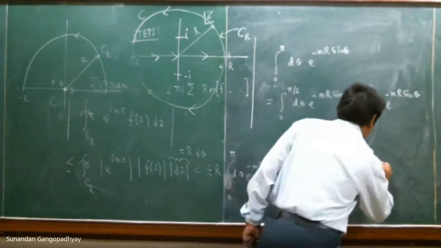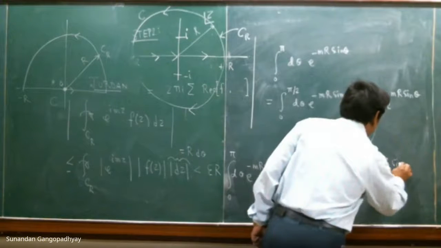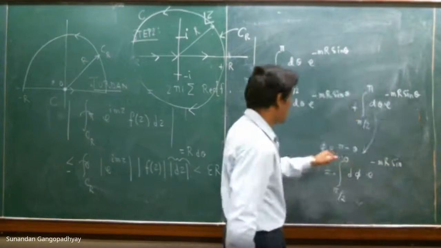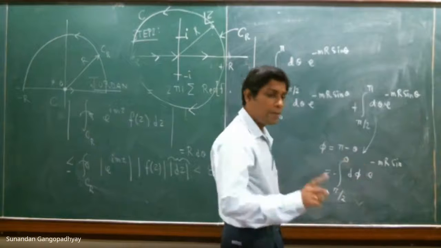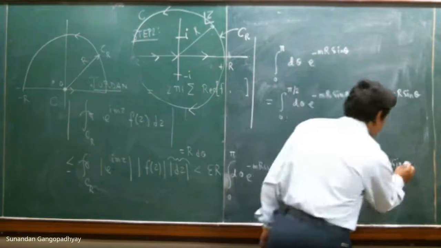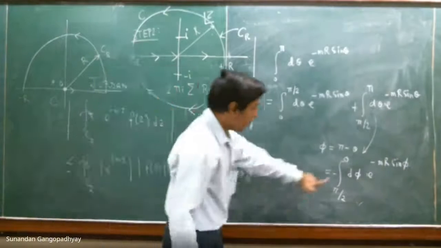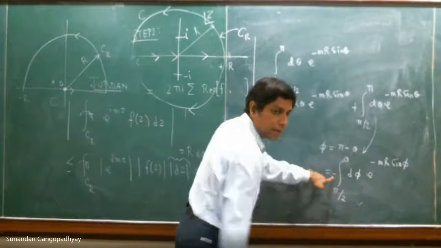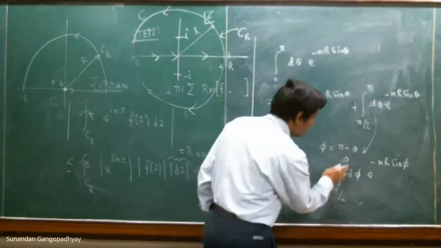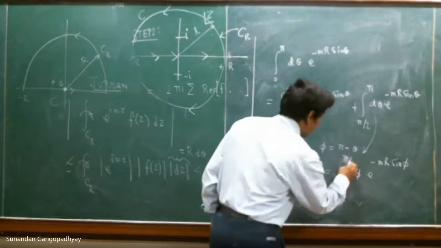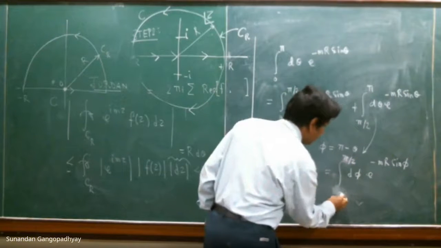E to the power of minus m r sine theta is what? Theta is pi minus phi. Sine of pi minus phi is sine phi. We have this. You have a minus sign, so you can flip the limits. So this will be pi by 2 to 0.